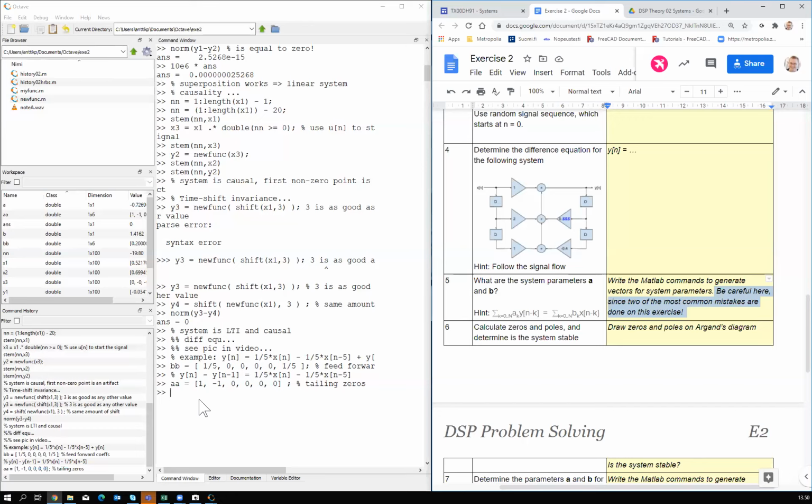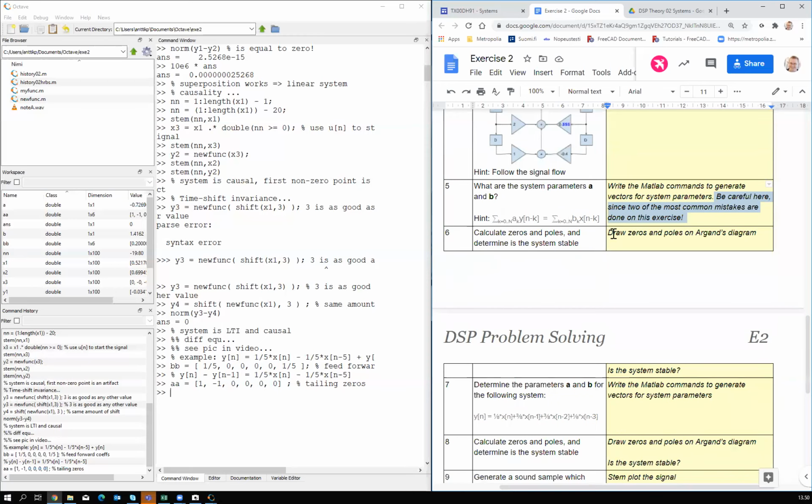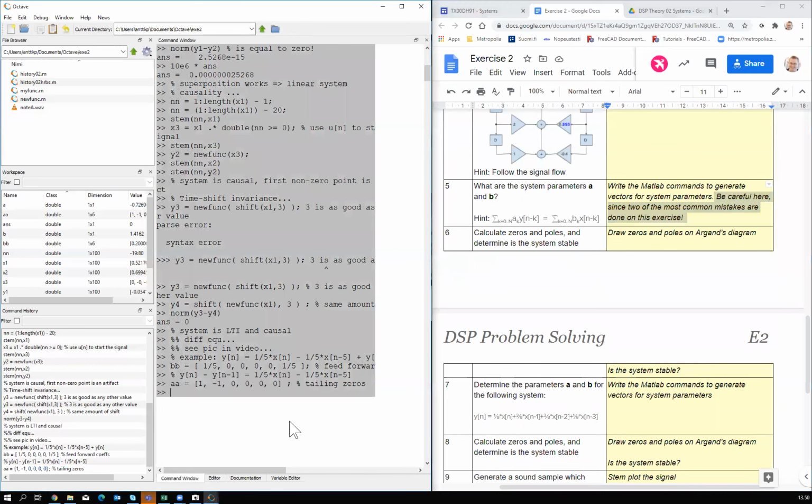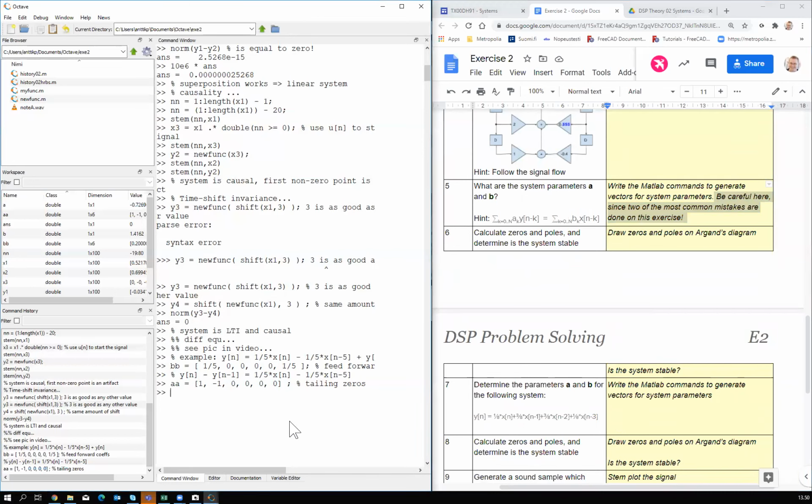Okay, good. So the next step is easy. Calculate the zeros and poles and draw them on the Argand diagram. Is the system stable? Well, we can actually calculate the zeros and poles like that.